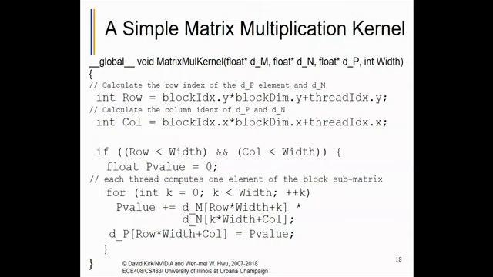The only difference from the image conversion code is exactly what each thread does. In this case, every thread is doing an inner product. So it's going to use the row index to identify the row in the M matrix, and the column index to identify the column in the N matrix.